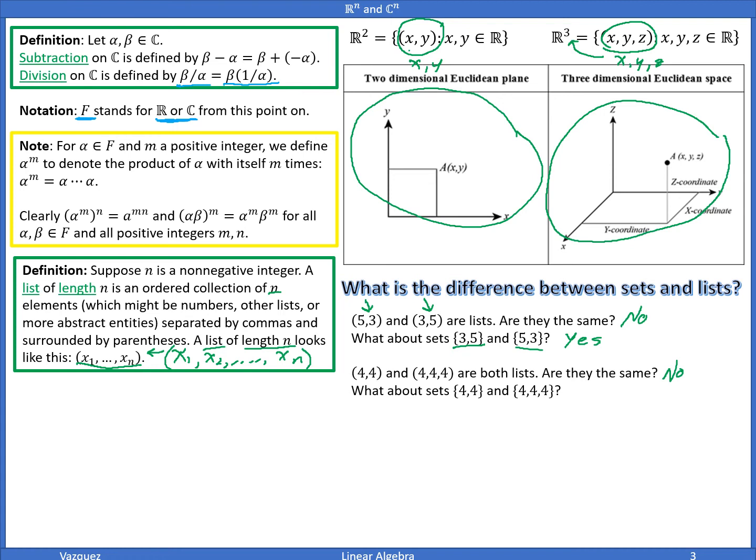If you include an element twice in a set, it's just like having it once, right? Repetition doesn't really change things with sets. So the sets {4, 4} and {4, 4, 4} are exactly the same, and they're the same as the set {4}. So that's a difference. There's a difference between lists and sets. Don't confuse them. They're not the same thing.